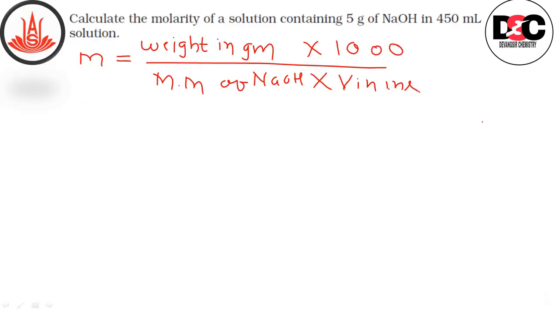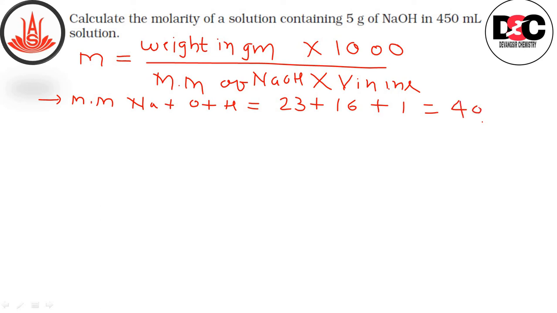Over here, first we have to find the molar mass of NaOH, that is 40. First step, find the molar mass of NaOH. Na plus O plus H, that is Na is 23, O is 16, H is 1. Altogether it would be 40 gram per mole. Okay, so this is the first step.